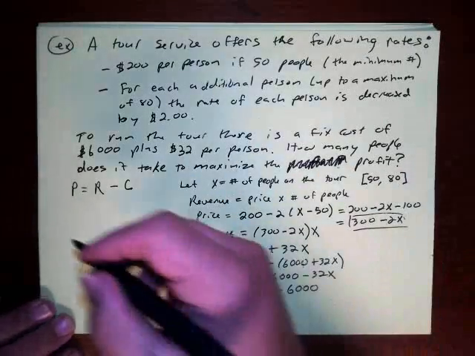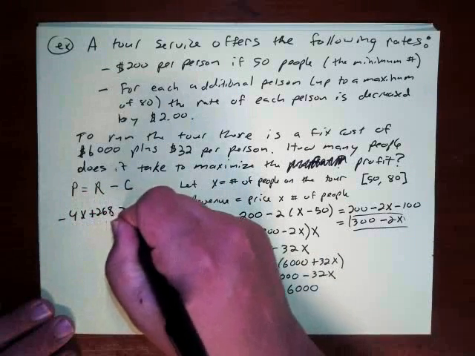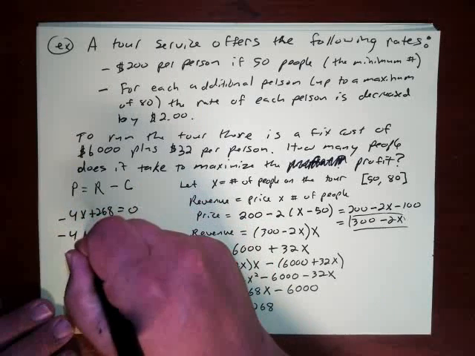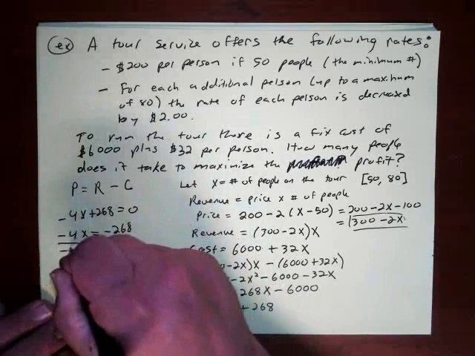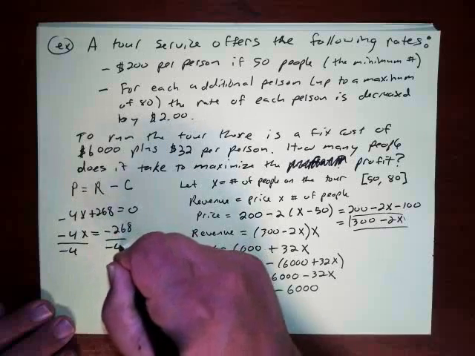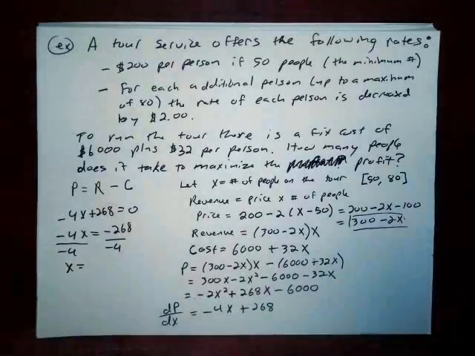And if I set that equal to 0, negative 4x plus 268 equals 0, this would be negative 4x equals negative 268. Divide both sides by negative 4, and my x would equal, you know what?